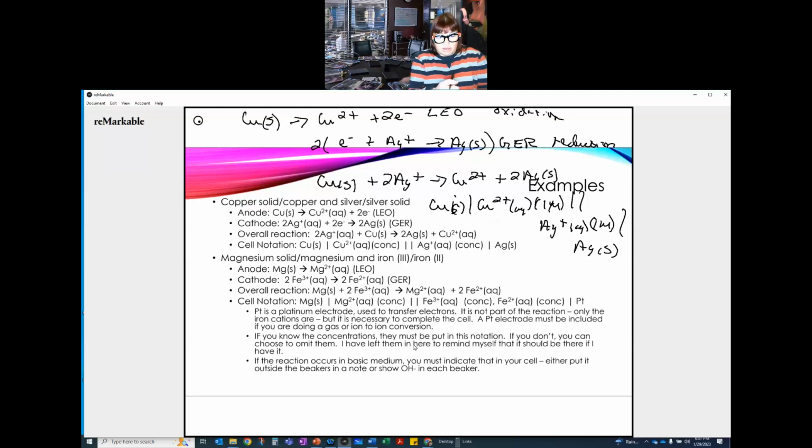So you either put it in the beakers that you're drawing, or a note to show the OH minus in the beaker.